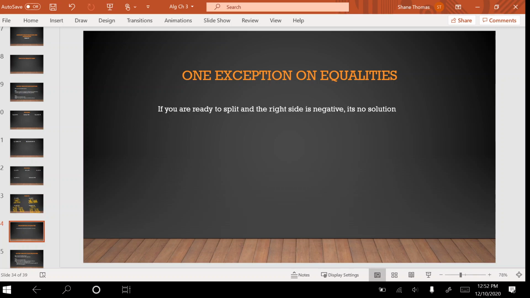Think about it here for a second. We said anything inside the absolute value becomes positive, correct? So if I have something like this, the absolute value of x minus 2 equals negative 4.